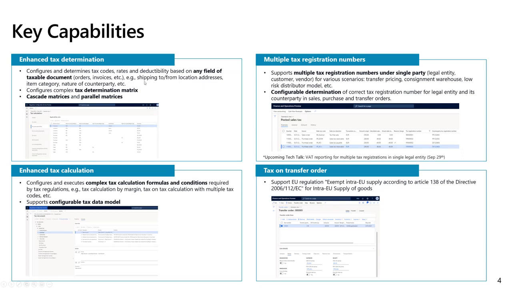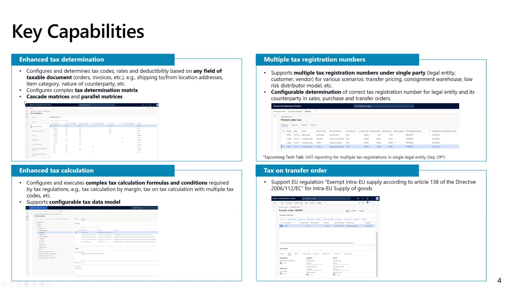And we also have invoicing address, item category, nature of your counterparty, customer account, vendor account, all this information is available. So you can use these fields as the input of the matrix, and determine the output of this matrix, for example, sales tax group or item sales tax group. So with this mechanism, you can build very powerful determination rules here.